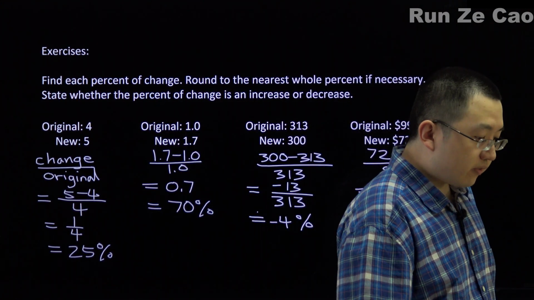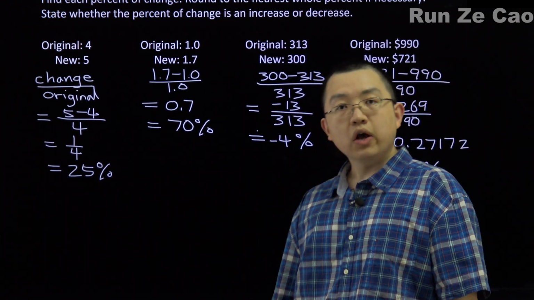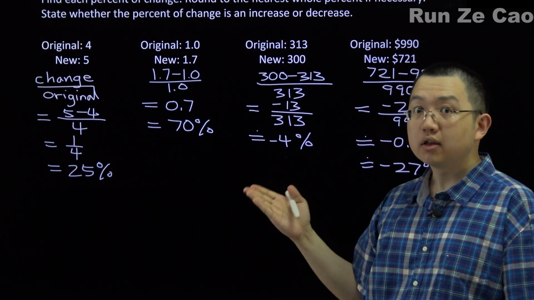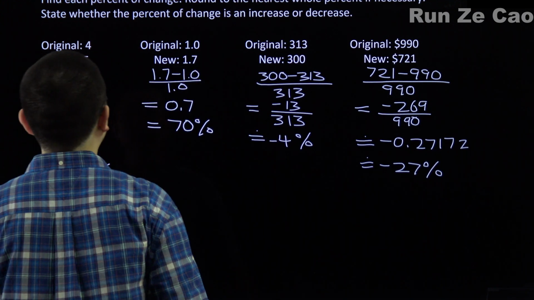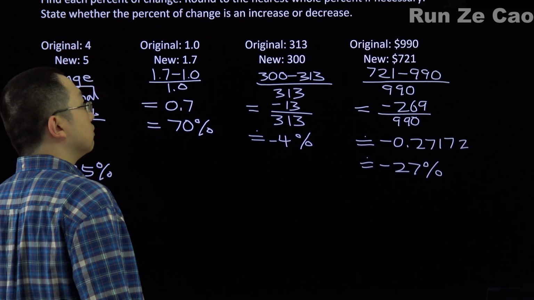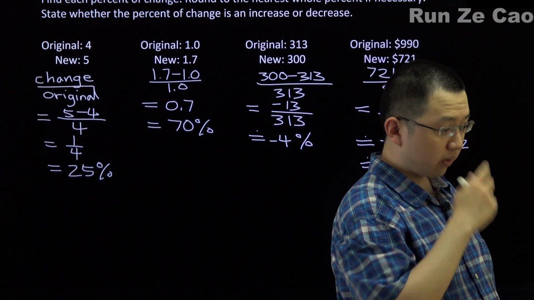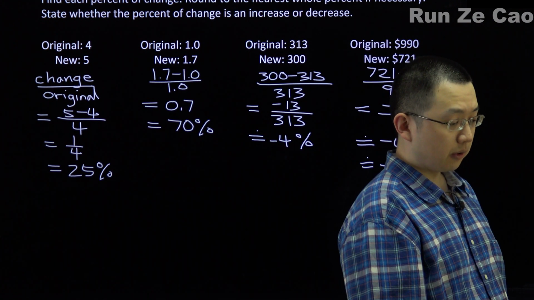State whether the percent of change is an increase or decrease. We have positives and we have negatives. Negative percents of change are decreases, and positive percents of change are increases. This should be explicit enough of a statement for general purposes.